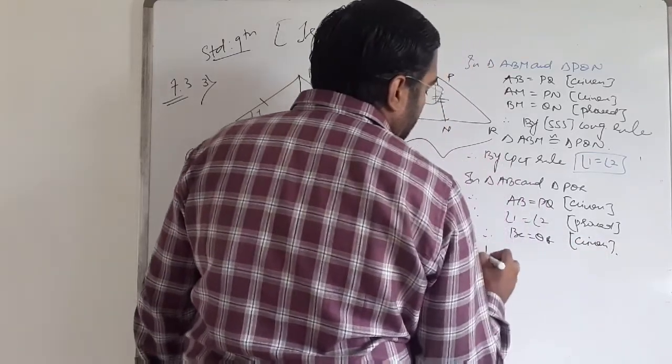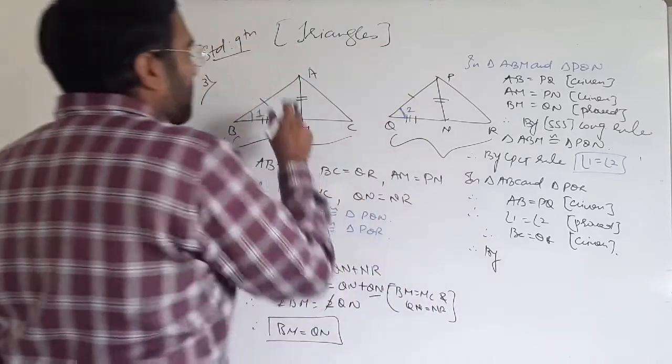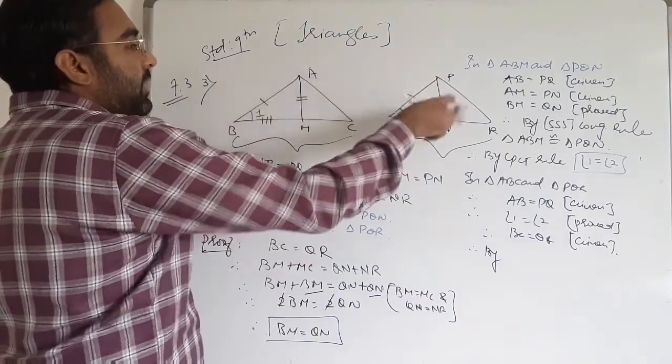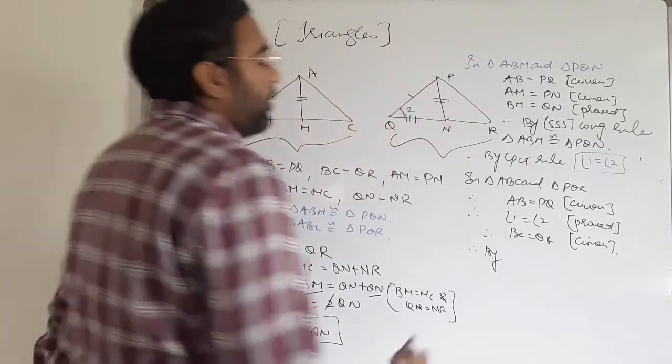Okay, therefore by side angle side, whole triangle ABC and whole triangle PQR are equal.